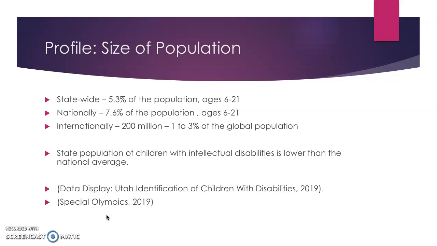So they're actually pretty low on the list when it comes to poverty rankings, or high, I should say, rather. So that could potentially explain why the statewide population of intellectual disability is a little lower, just because poverty and intellectual disability are related. The lower the poverty level, the higher the rate of intellectual disability.